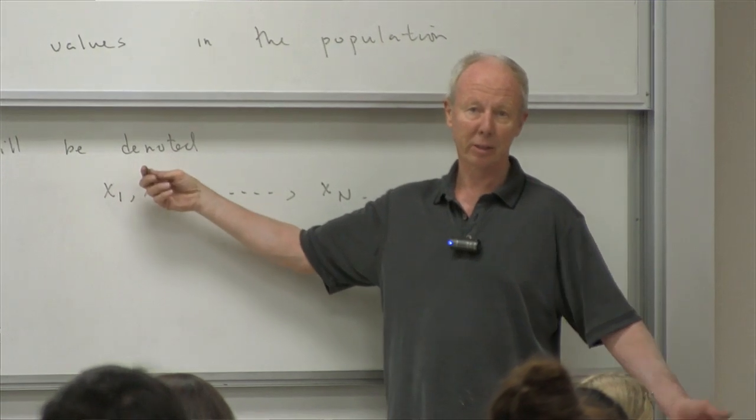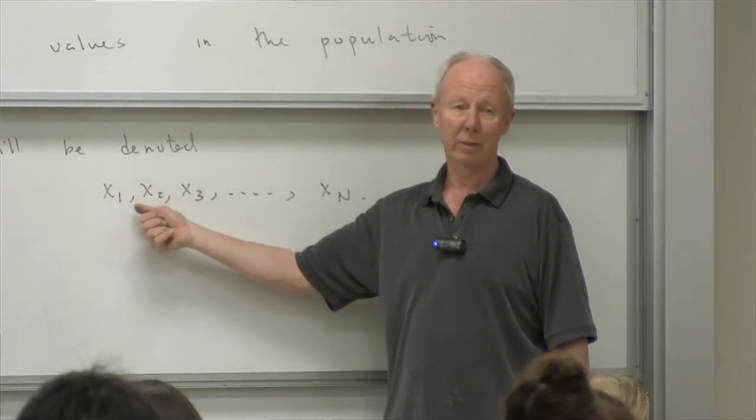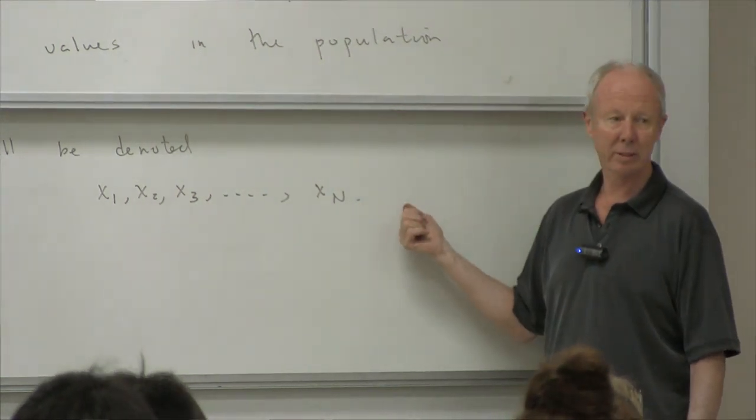That would be the first chocolate chip in the bag. That's how much it weighs, maybe. This would be how much the second one weighs, how much the third one weighs. This is how much the last one weighs.